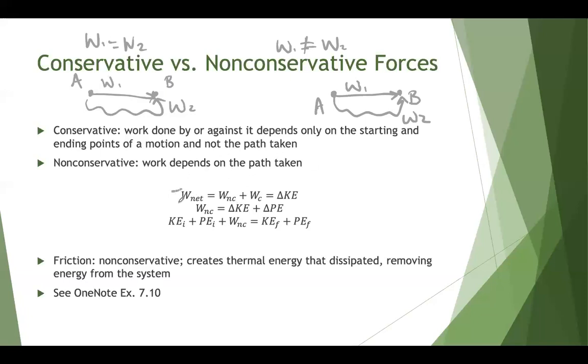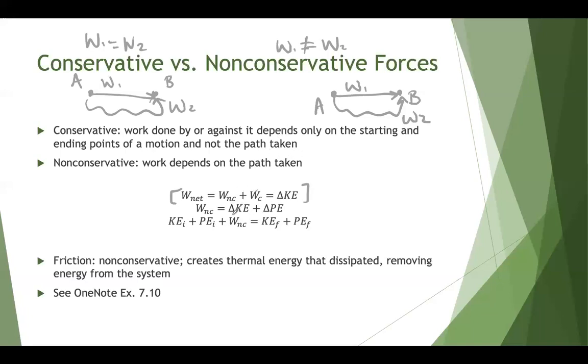And that's where we get this equation here. So our net work is still equal to our change in kinetic energy, but it's also going to be equal to our conservative work and our non-conservative work.